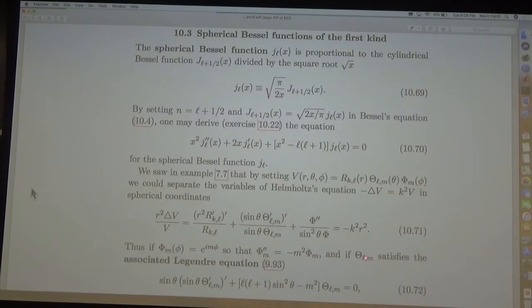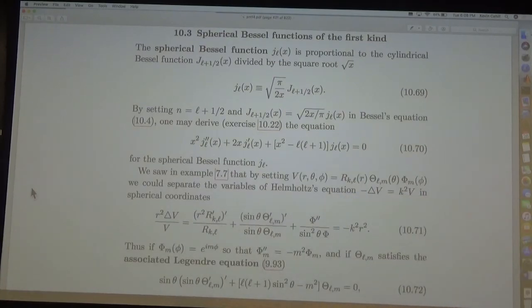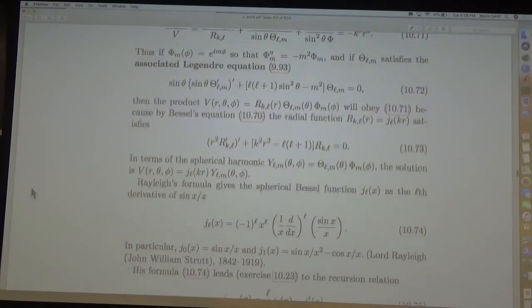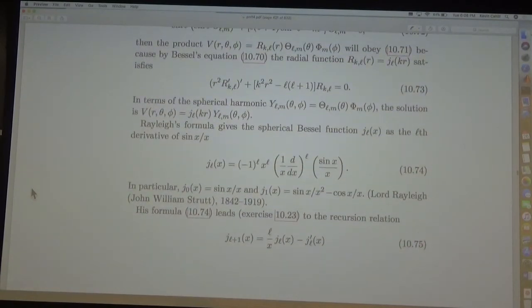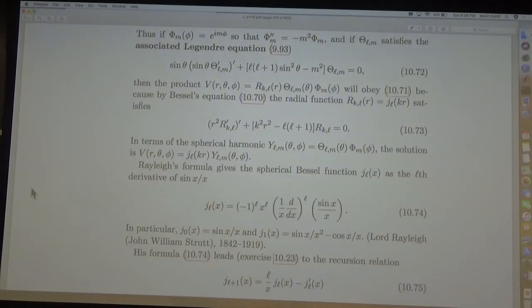You set capital Theta equal to the associated Legendre function, and then what you're left with is you set R of r equal to j L of k r.